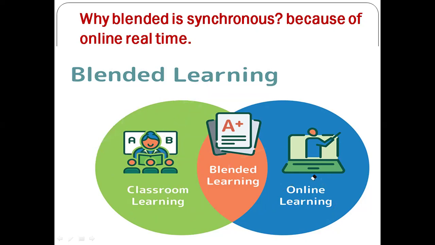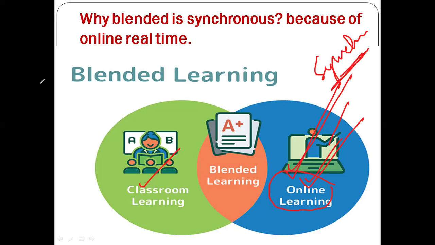As I said, the mode of communication. The mode of communication in blended learning is online, and the other one is our traditional classroom. As we discussed, the online method means synchronous, right? So hence, blended learning is the synchronous method because the online mode is available in it. So this is the first point.